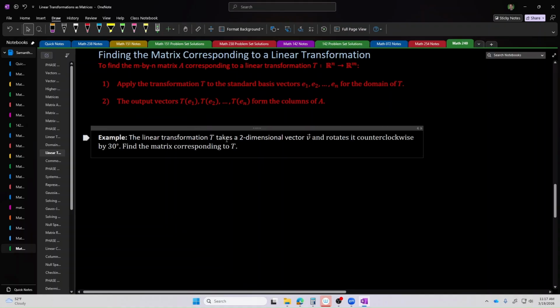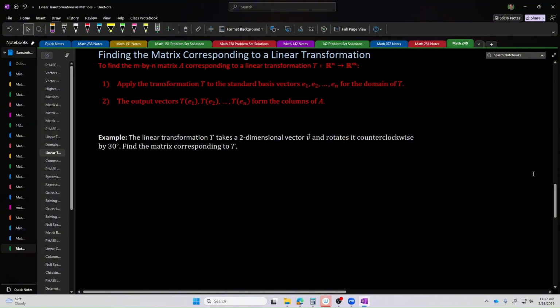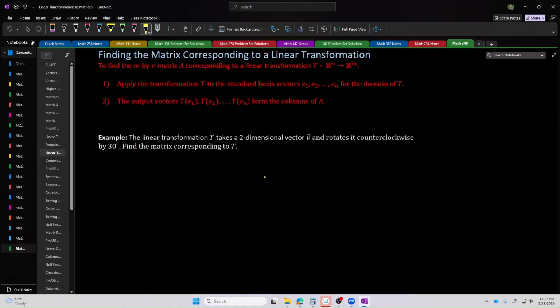I have a linear transformation here, and T's job is to take a vector in two-dimensional space and rotate it counterclockwise by 30 degrees. Let's go ahead and find the matrix that represents this particular transformation. So first of all, let's acknowledge that this transformation is going to have a domain of R2, that was described to me.